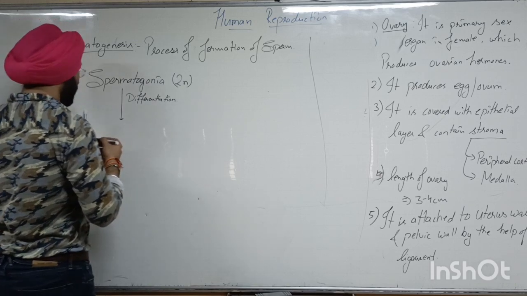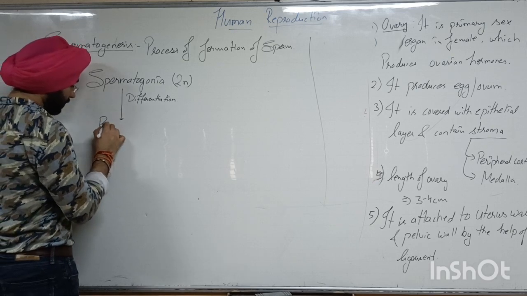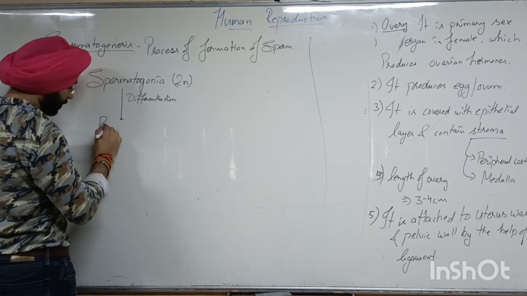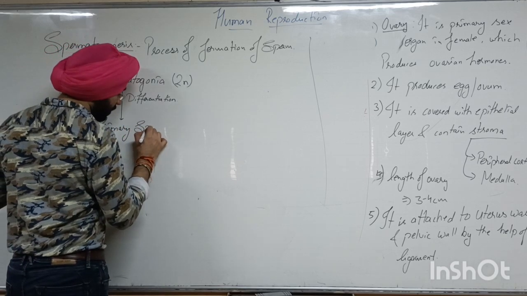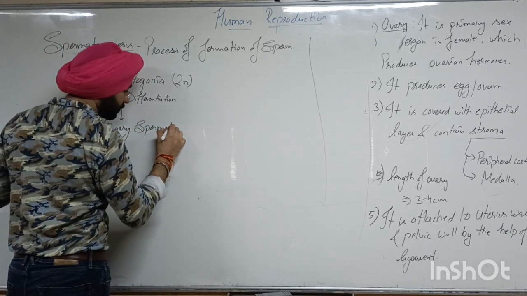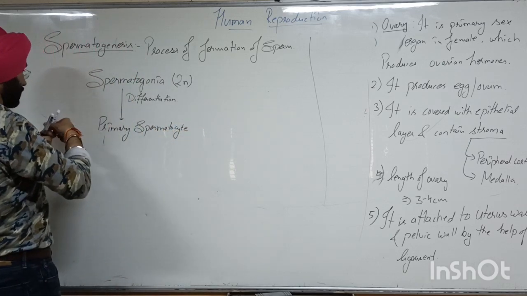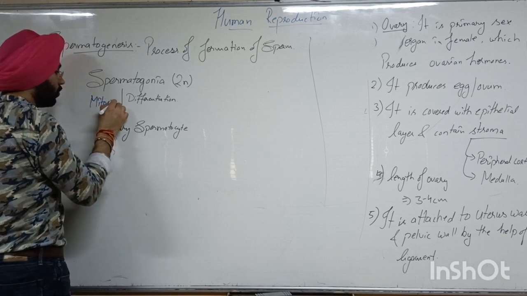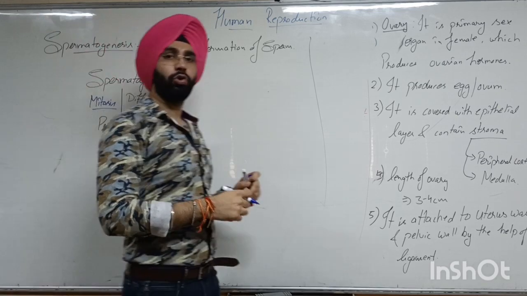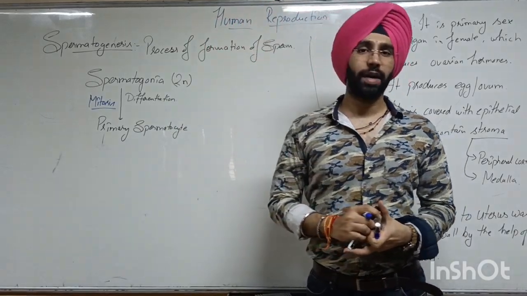between spermatogonia and primary spermatocyte is mitosis, because you already know that spermatogonia is 2n ploidy. 2n means diploid, and the sperms are of haploid ploidy.